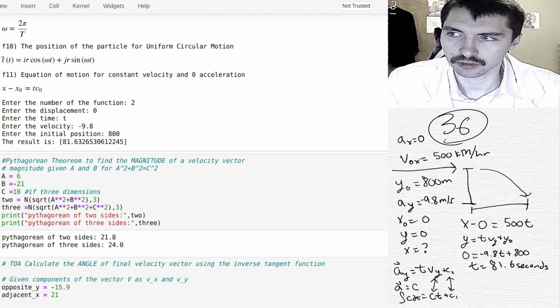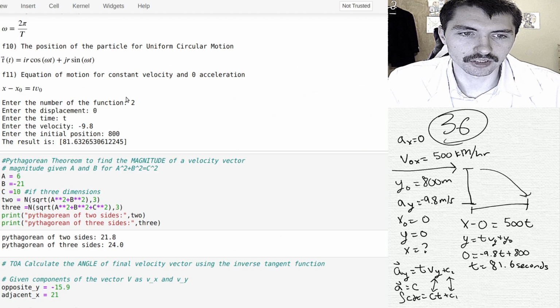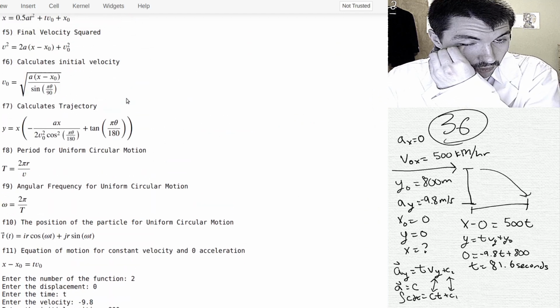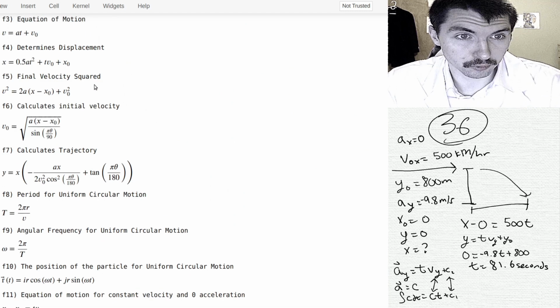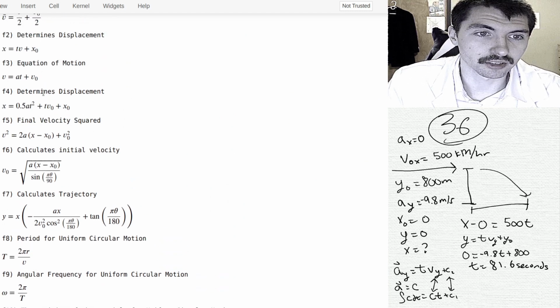Okay. So that's how much time to hit the floor. Now they want to know how far. So we want to know the distance with time. Now that we know the time, we can do something like this.